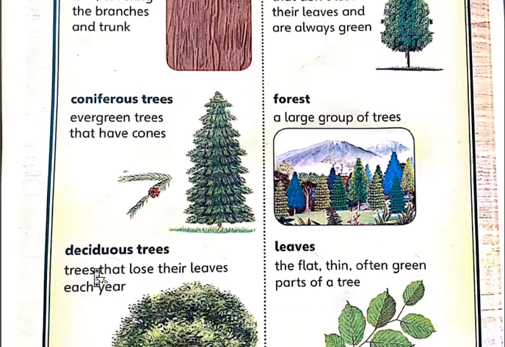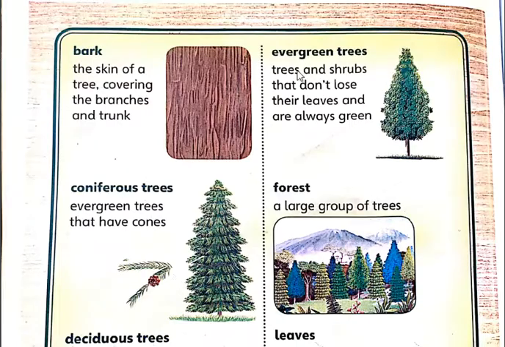Okay, the next thing, evergreen: trees and shrubs that don't lose their leaves and are always green. Okay, so they are evergreen. Now we know that coniferous trees are evergreen trees. That means they are trees that don't lose their leaves and are always green all over the year.